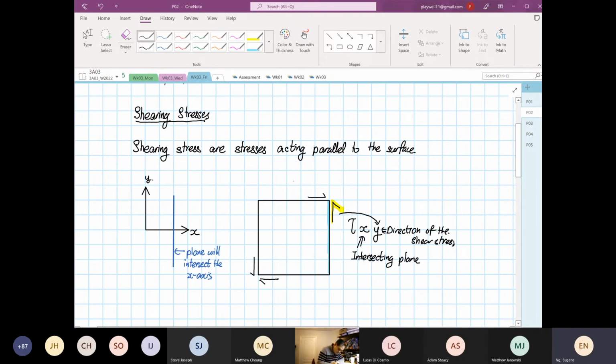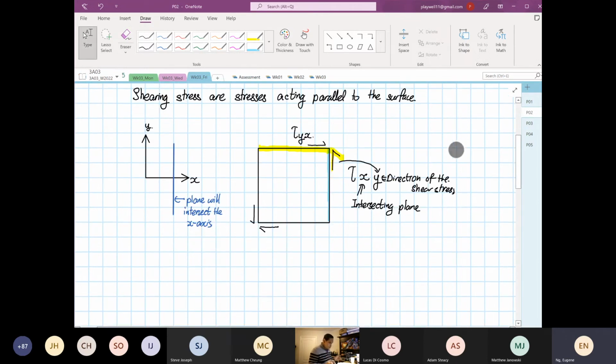The other one, the shear stress at the above, is a shear stress intersecting plane, which I'm going to highlight in yellow now. This plane over here will intersect the y-axis, and the direction is in X. I'm not going to tell you what is positive shear and negative shear yet. I'm going to do the notation first.